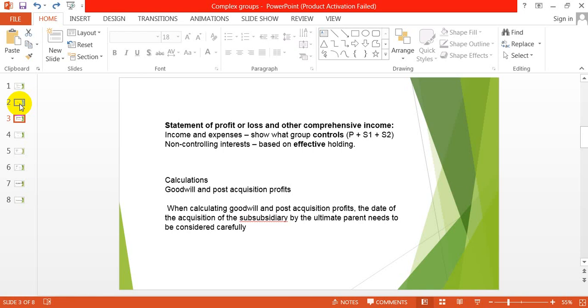Like before, the major workings required at the beginning of your consolidation will be the calculation of goodwill and the post-acquisition profits, which usually are computed in the consolidated retained earnings. When calculating the goodwill and the post-acquisition profits, the date of the acquisition of the subsidiary by the ultimate parent will need to be considered carefully.